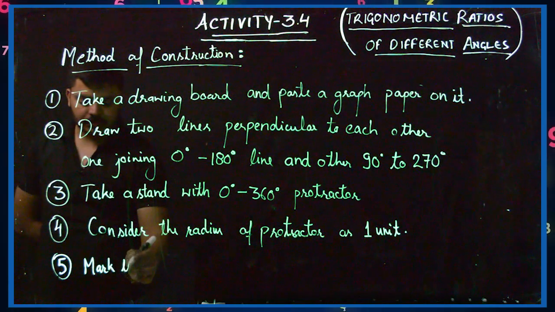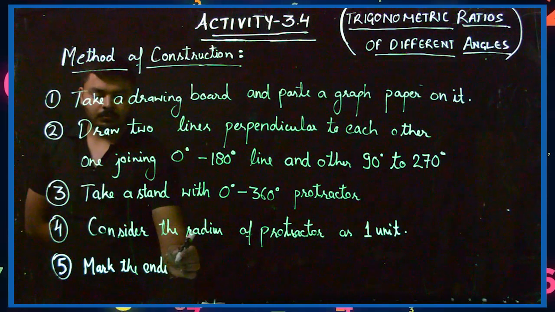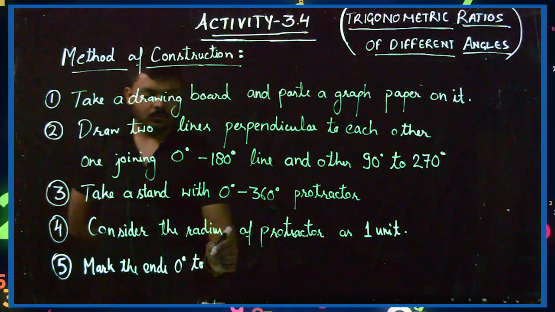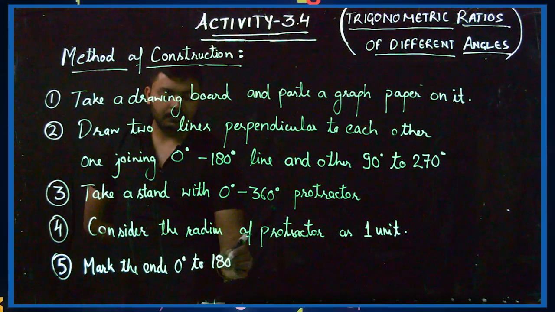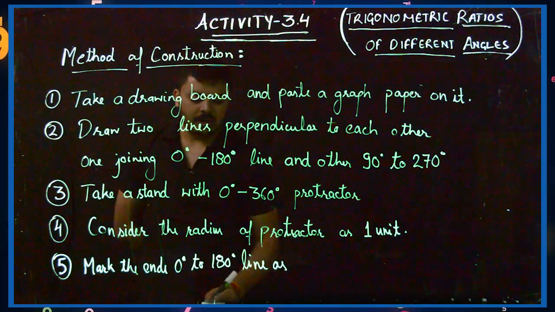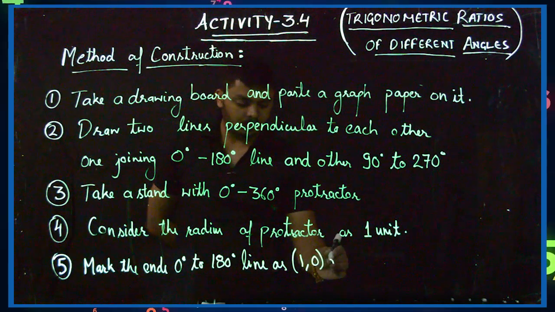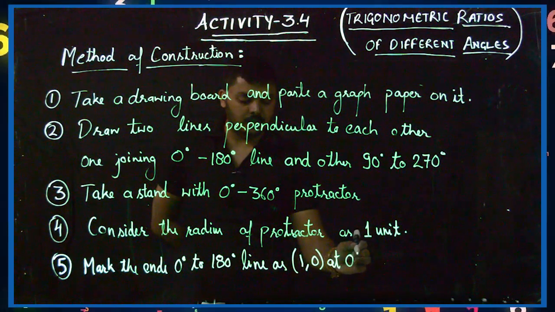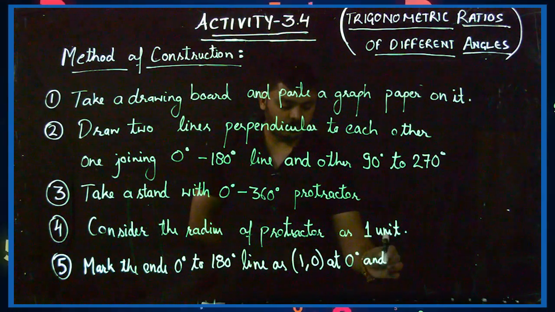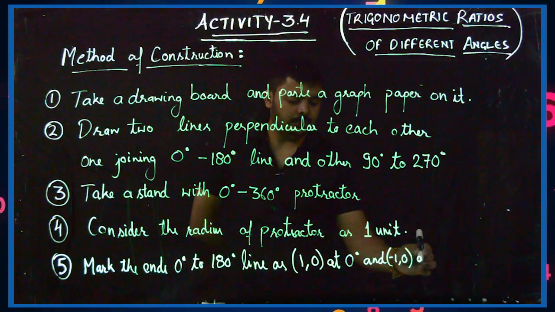Mark the ends of the 0 degree to 180 degree line as (1, 0) at 0 degree and (-1, 0) at 180 degree.